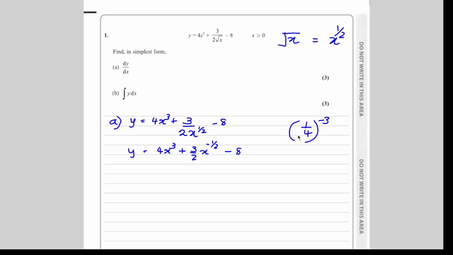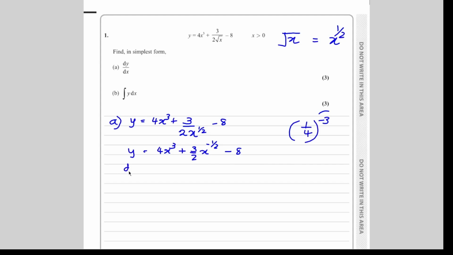When we are making a fraction with a positive power, yes, we switch the numerator and denominator. But you don't switch the numerator and denominator of the power itself. You switch the sign of the power, the number itself. Got it? Right. Now, we are all set to differentiate.